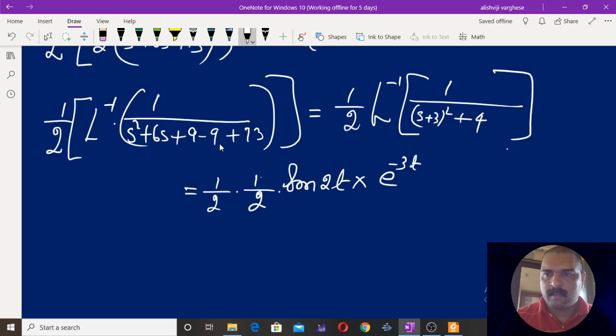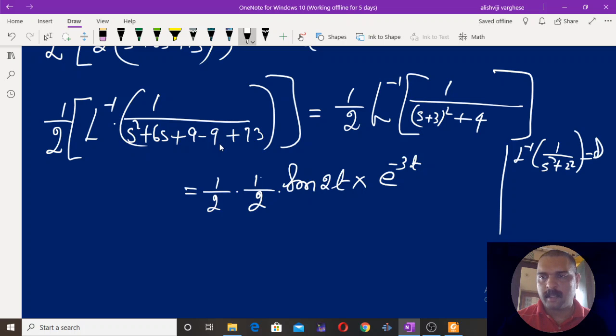Actually, what we are doing here is, the inverse Laplace transform of 1 by s square plus 2 square is sine 2t by 2, and e raised to minus 3t into sine 2t has the Laplace transform 1 by s minus minus 3, that is s plus 3 the whole square plus 2 square.